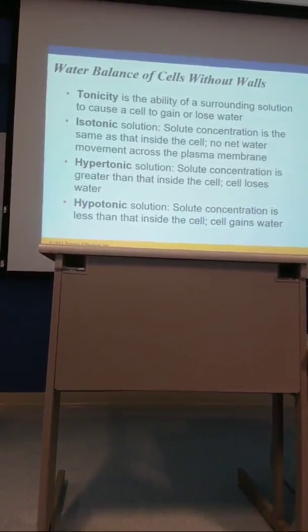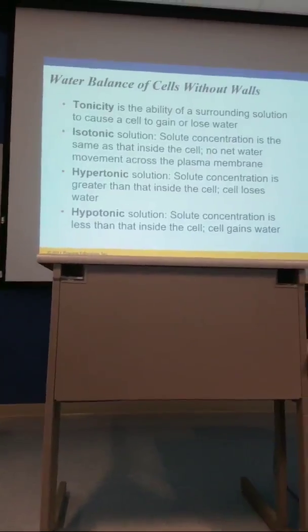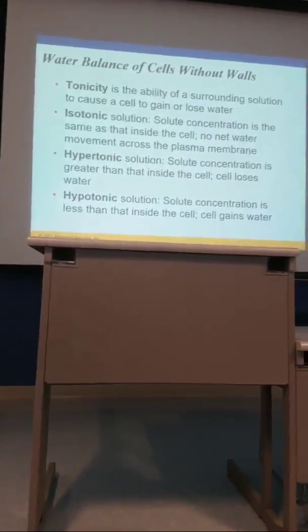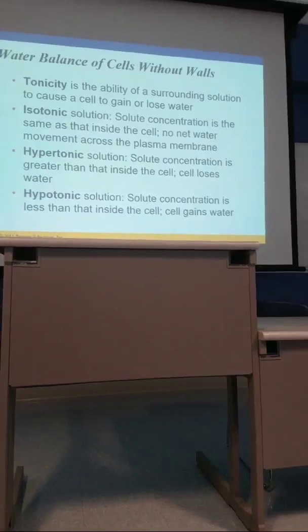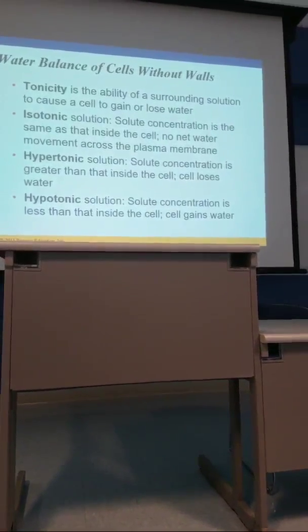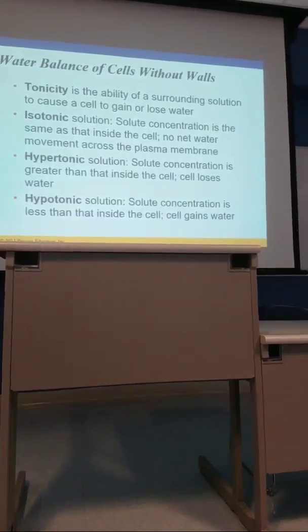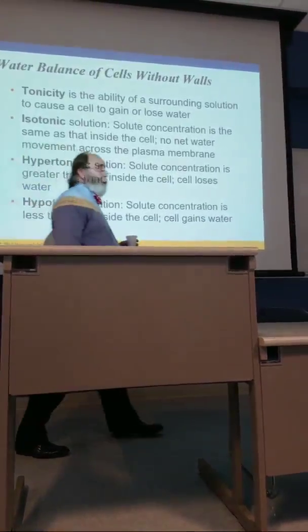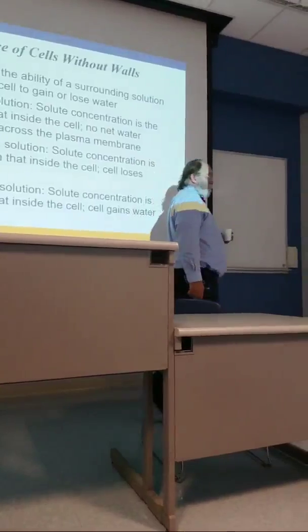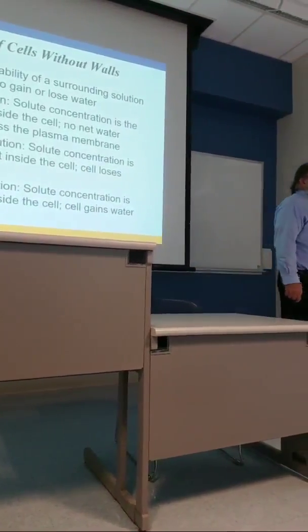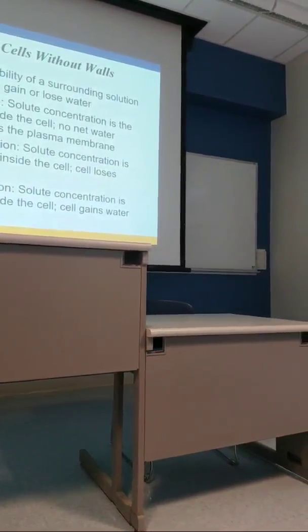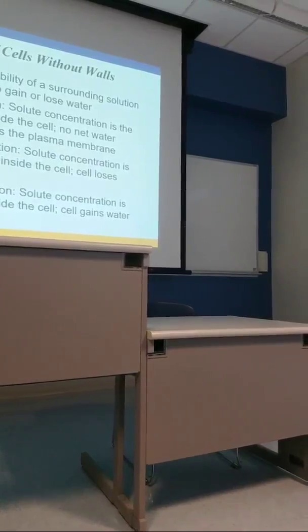Tonicity is the ability of the surrounding solution to cause a cell to gain or lose water. In an isotonic cell, the concentration is equal inside and outside of the cell. Remember, whenever I say outside of the cell, it's talking about just the extracellular fluid.